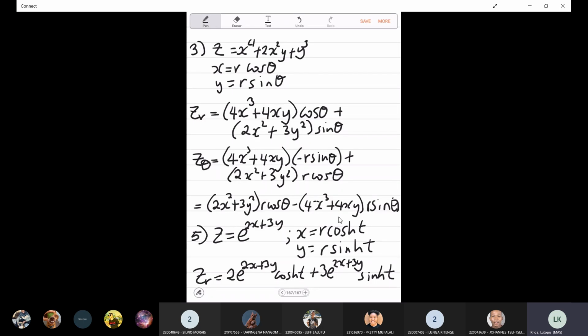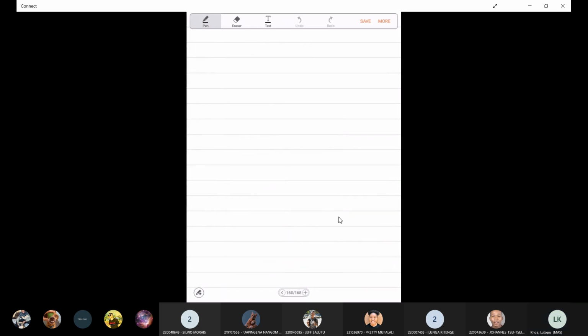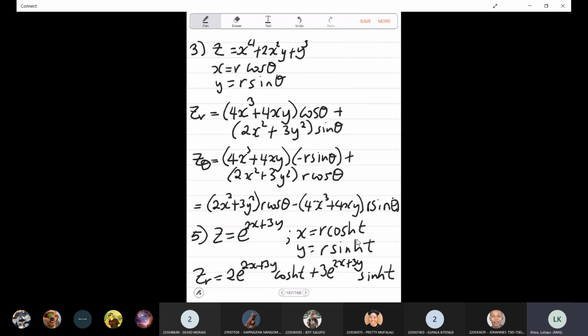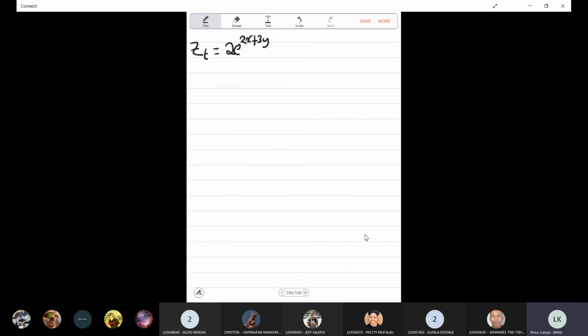Then z with respect to t. First it's z with respect to x, which we've done already, 2e to the power of 2x plus 3y. And then we multiply by the derivative of x with respect to t, which is r hyperbolic sine of t.